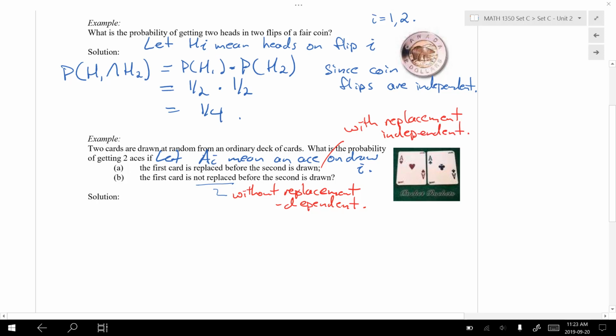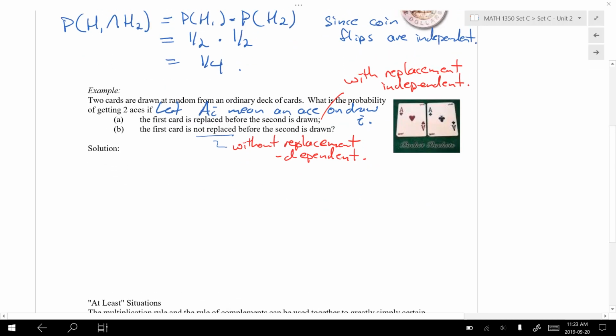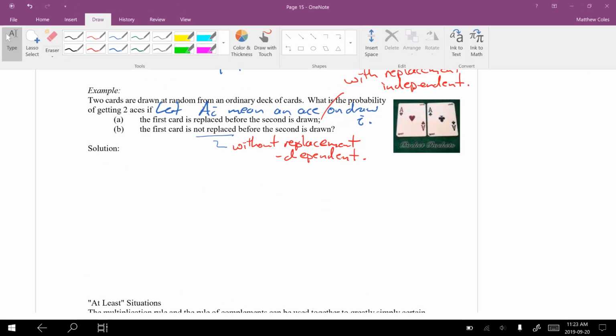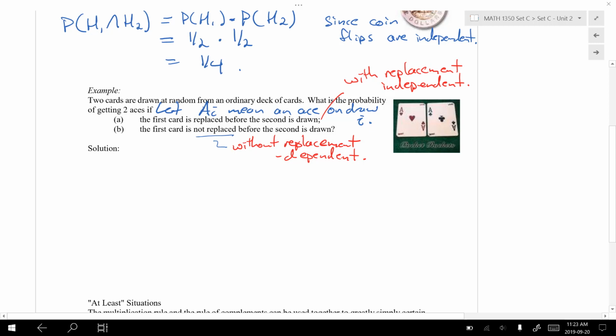All right, let's solve each of these two in order. So let's consider A. Again, we think about the probability of getting aces on both A1 and A2.